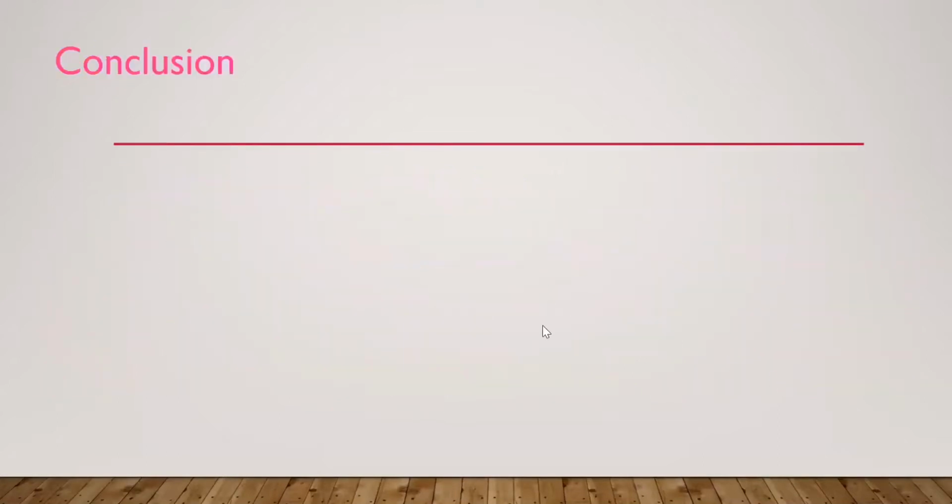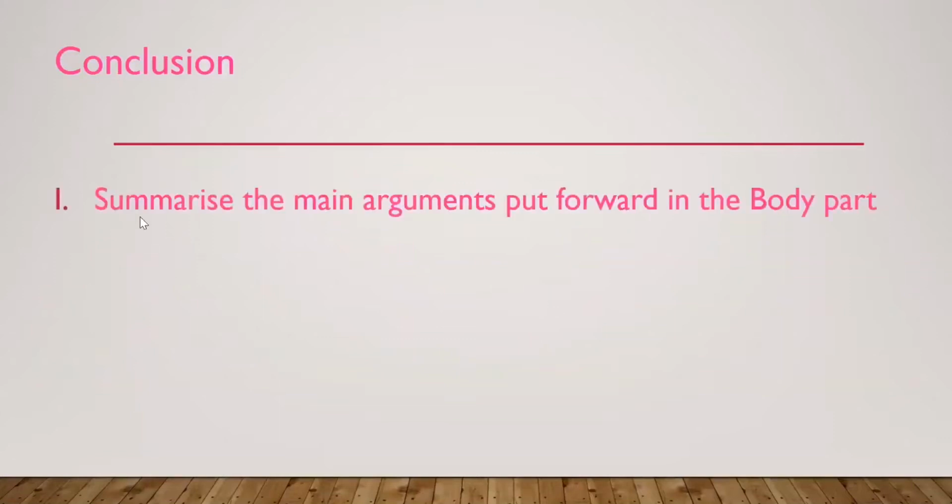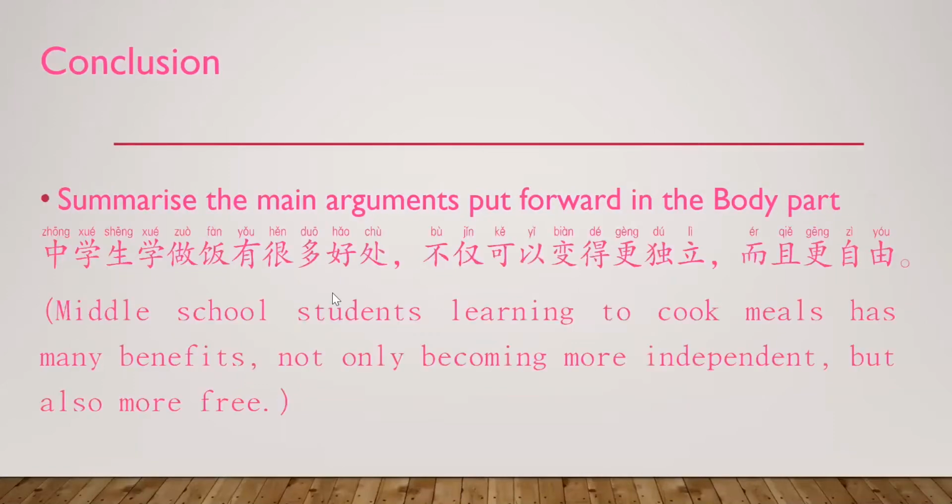Okay, conclusion. So first, you need to summarize the main arguments put forward in the body part. And then you can give a suggestion. So this is optional. So the main arguments that put forward in the body part, firstly, we talk about if the middle school students can learn how to cook meal, they can become more independent, and then they also become more free.